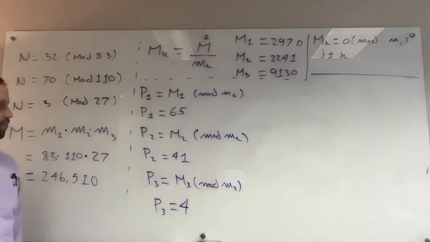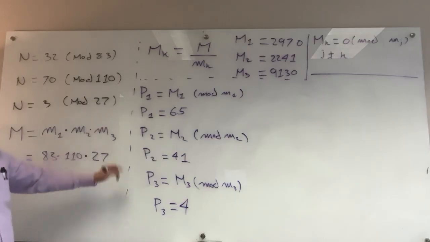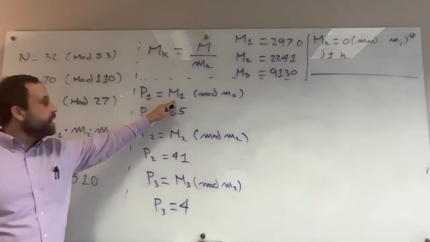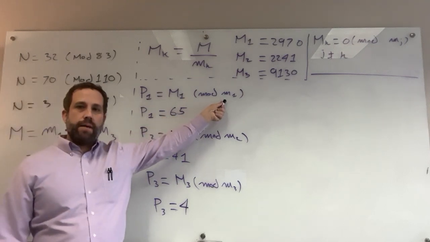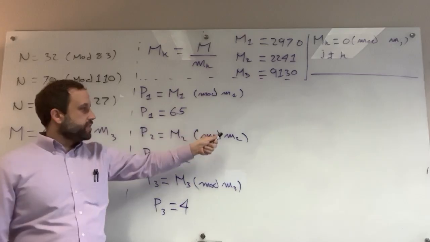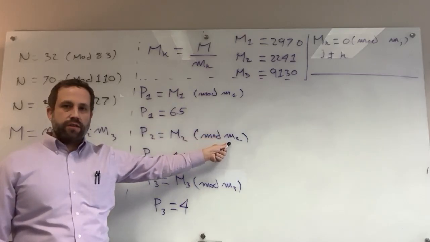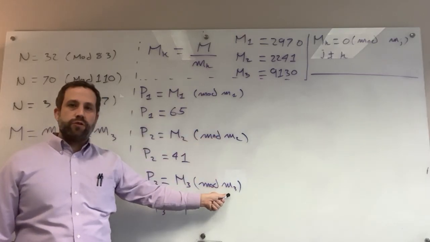So what we know then: big M1 is equal to 65 when we reduce by little m1. It's equal to 0 when we reduce by little m2, and 0 when we reduce by little m3.